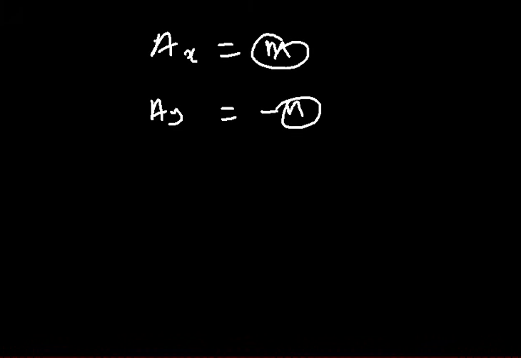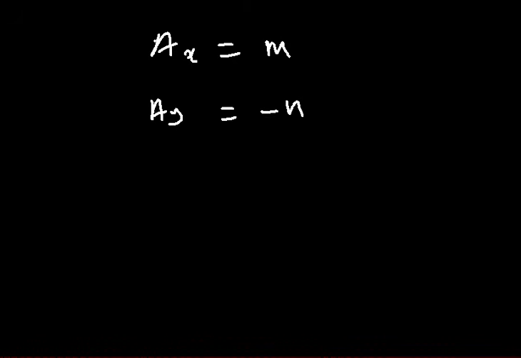Now, what if we are given a vector? Let's say we have a vector A with the x component given as m, and the y component given as, let's say, negative n. As you can see here, the x component is positive, and the y component is negative.